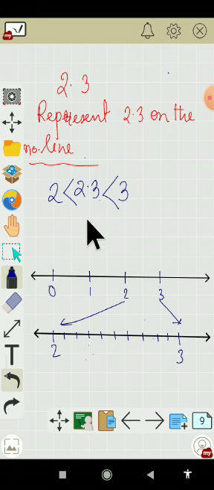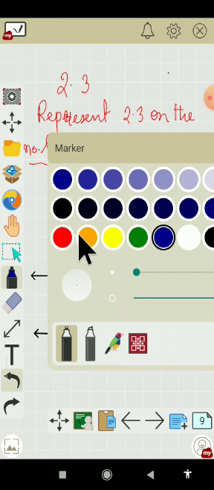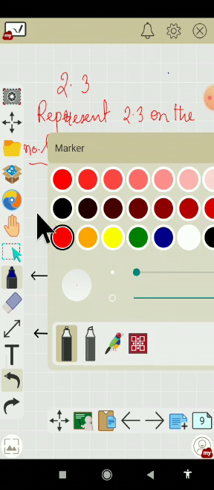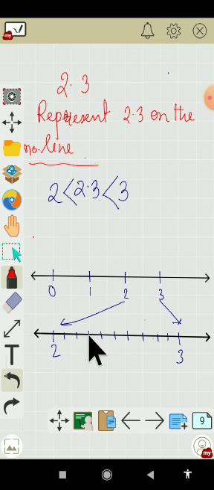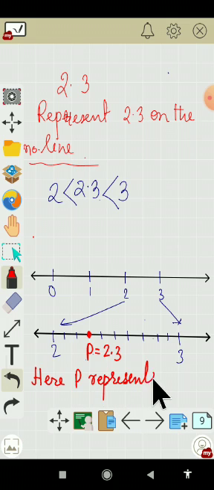Now our point is 2.3, that means after 2 we have to count 3 points. If you mark 3 points here, that point P will represent 2.3 on the number line.